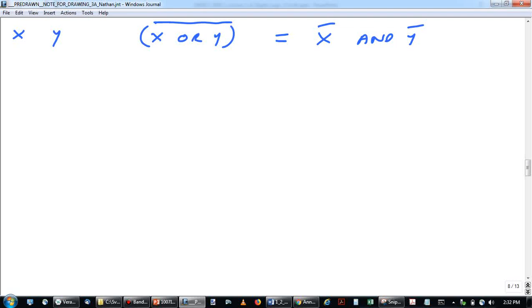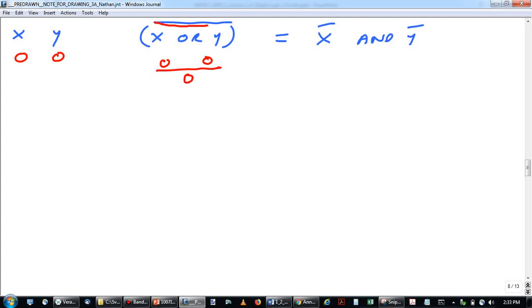Apparently. So what we'd like to do is confirm this. And how would we do that? Plug some stuff in. Right? So, well, X and Y can be 0, 0. So X 0, Y 0, if you OR them together, what do you get? 0 or 0 is 0.